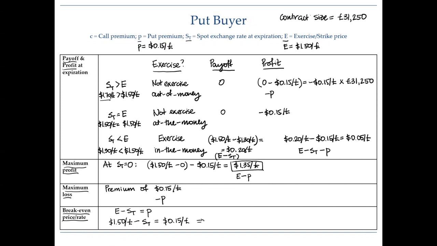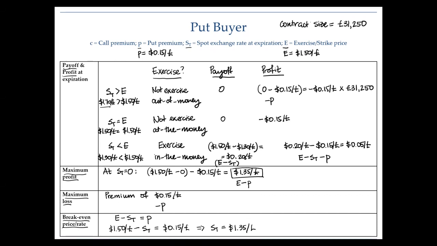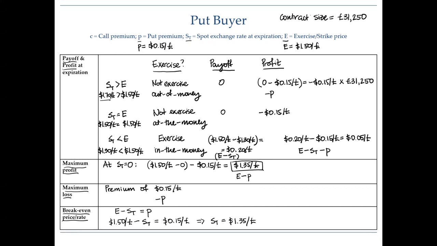And from here we see that a future spot rate of $1.35 per pound will give us a payoff of 15 cents. So when the future spot rate is exercise rate minus premium, we break even. In other words, we do not make money and we do not lose money.